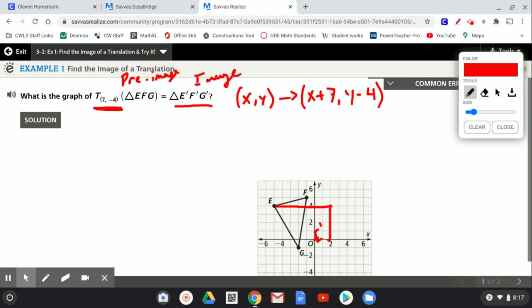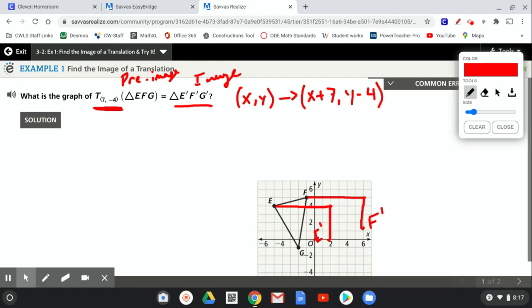All right, moving on to F prime, we're going to start at F. We're going to move 7 units over and 4 units down and end up right there. So that is going to be F prime.